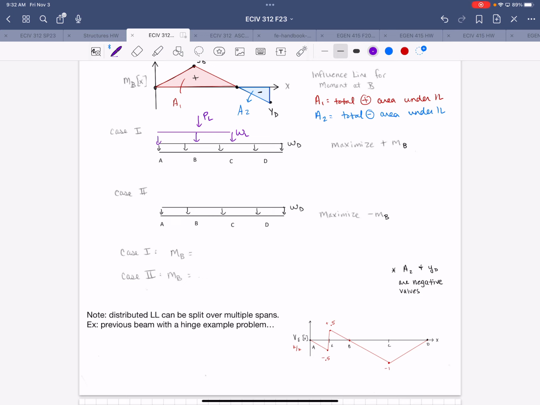Where should we put the uniform load? C onward. Yeah, from C to D, exactly. So we're just putting it over the entire negative area of the influence line. And then where would we put the point live load? Right, exactly.